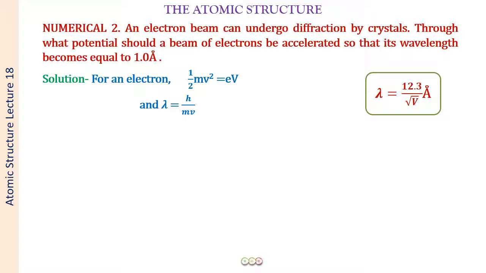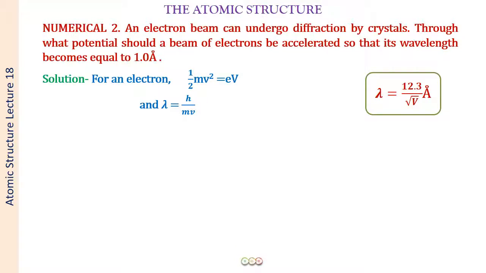What is the value of v in this de Broglie equation? That is going to be h over m lambda, and we are going to put this value of velocity in half mv square.